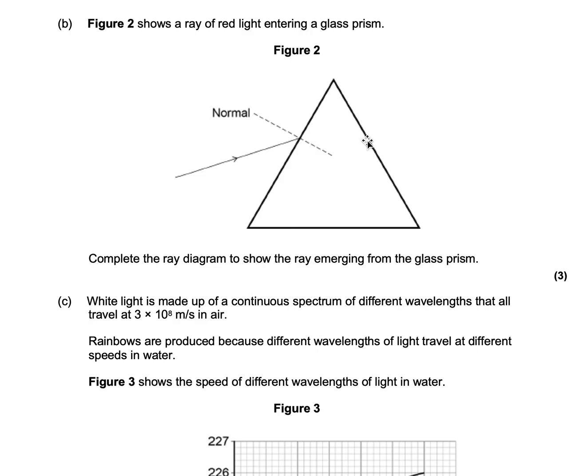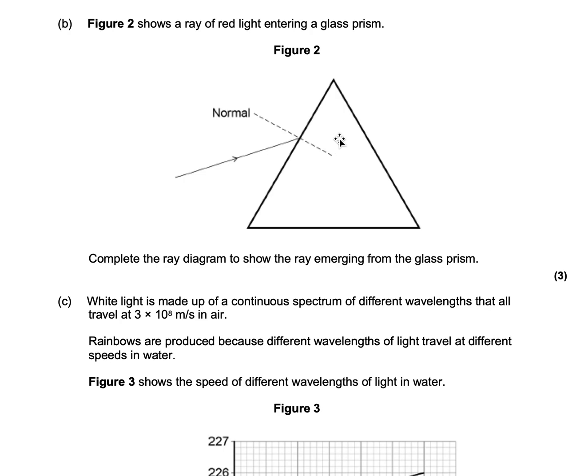Your 2nd mark then is for drawing on another normal at right angles to this boundary at the point where the ray that you've drawn hits this boundary. The point where it emerges, you've got to draw a normal at right angles.